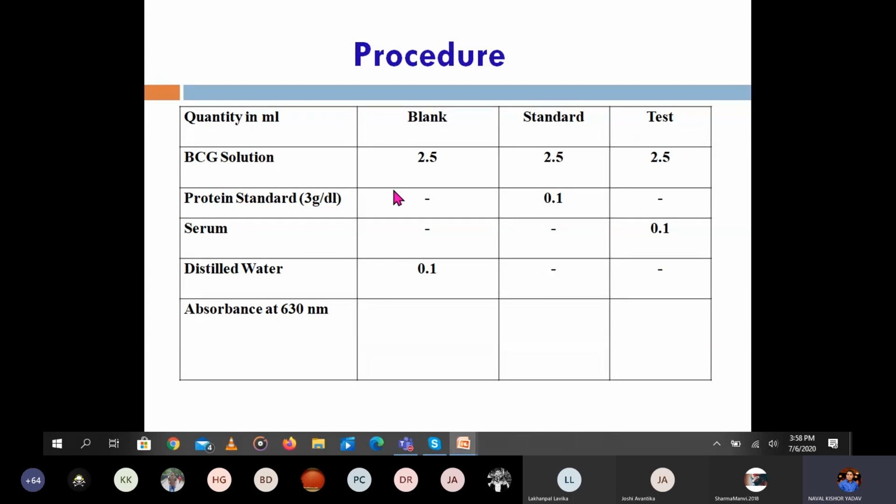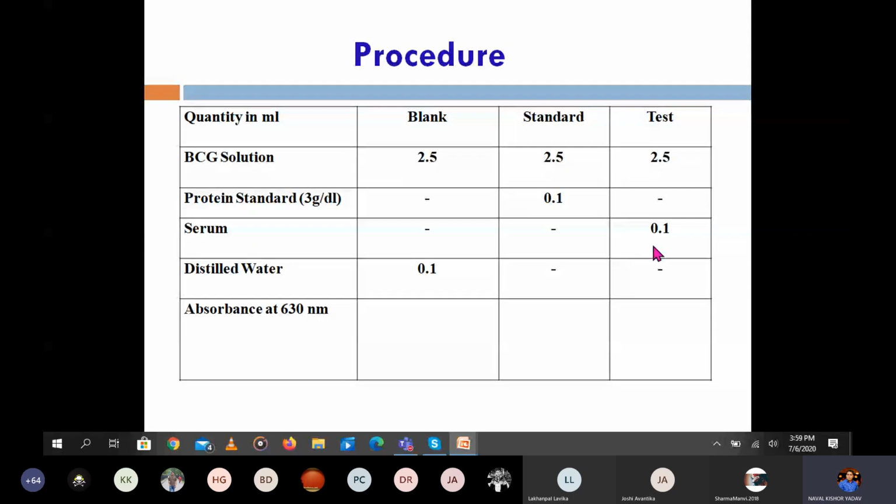This is the procedure of the BCG method. Take BCG reagent, 2.5 ml, in all three test tubes as you performed earlier: blank, standard, and test. The standard, whose concentration is 3 gram per dl, 0.1 ml.